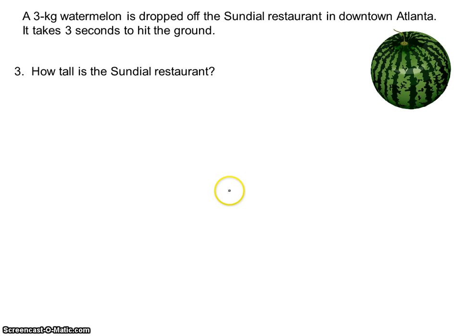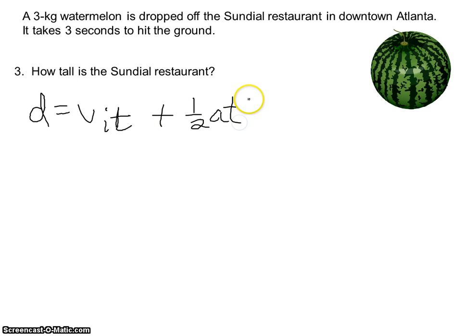The third question was, how tall is the sundial? Now that's another distance question. So again, distance is the initial velocity times the time plus 1/2 a t squared. The initial velocity was still 0, dropped from rest. The time is now 3 seconds.